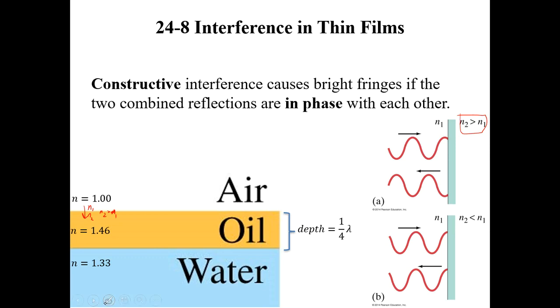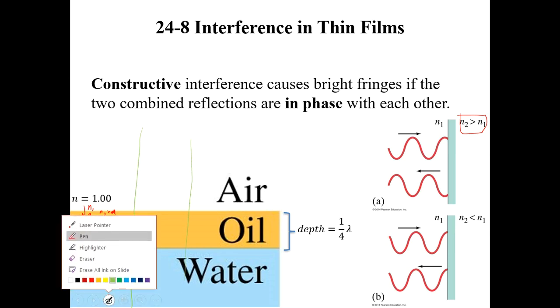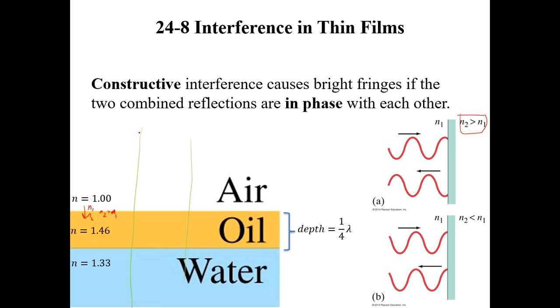Let me show what that looks like here. I'm going to draw a couple of guidelines for myself. All right, let me draw a wave here. All right, that's a decent looking wave.